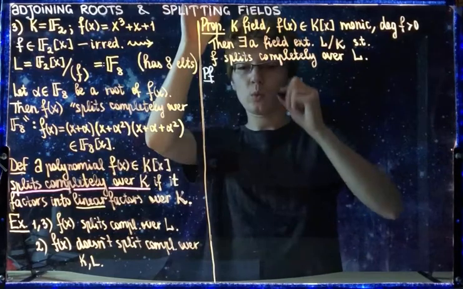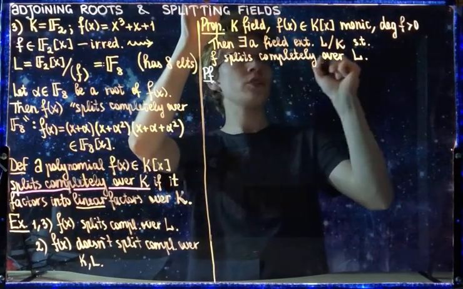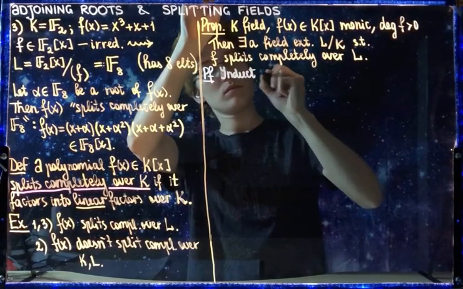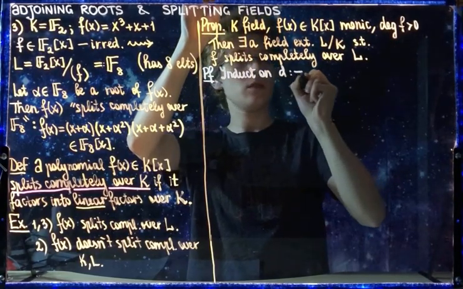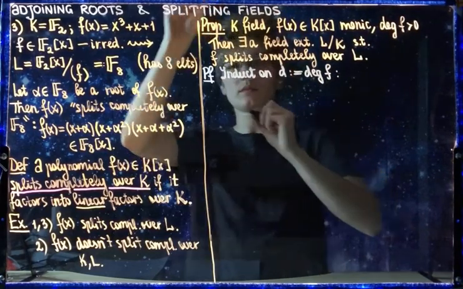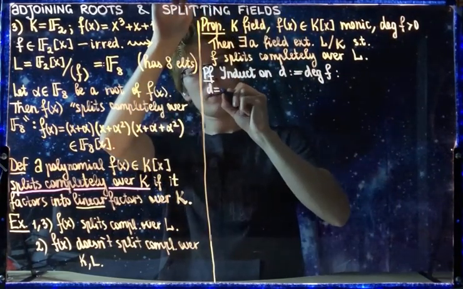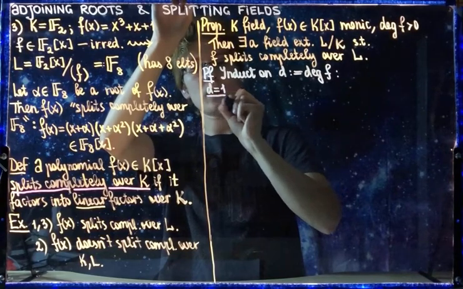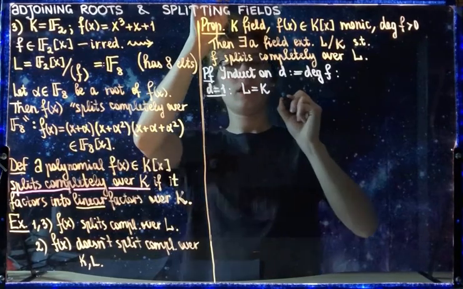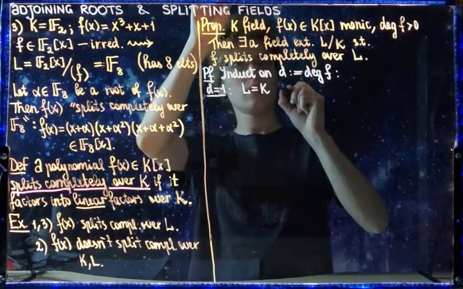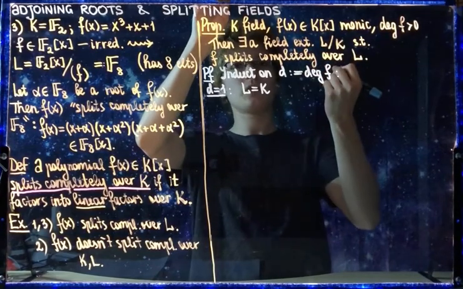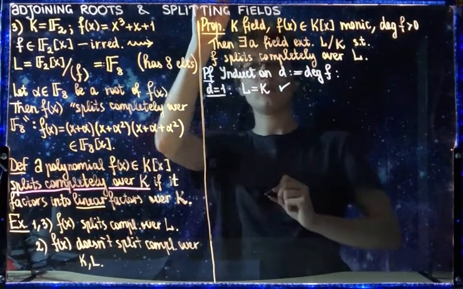The proof works by induction on the degree of f. Induct on d, where d is the degree of f. The case where d is equal to 1 is trivial because we can take L equal to k, and then f of x is a linear polynomial, so it is a product of one linear polynomial.